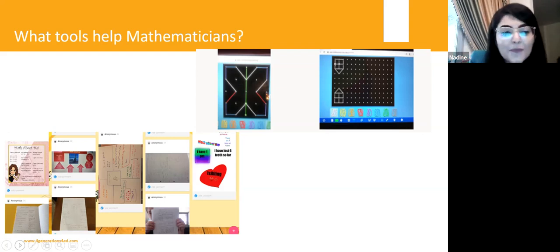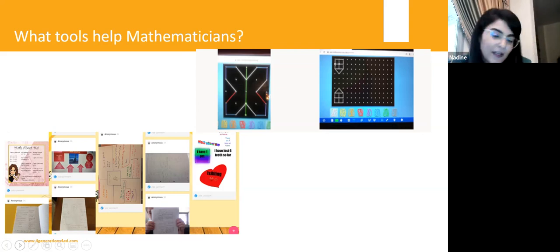And in this example, learners were just brainstorming math about me, and each one of them thought about mathematics from a different perspective. Some of them, for example, did a poster, some of them did the handmade one, and so on. And they just looked at each other's, praised each other's work, and gave feedback to each other.